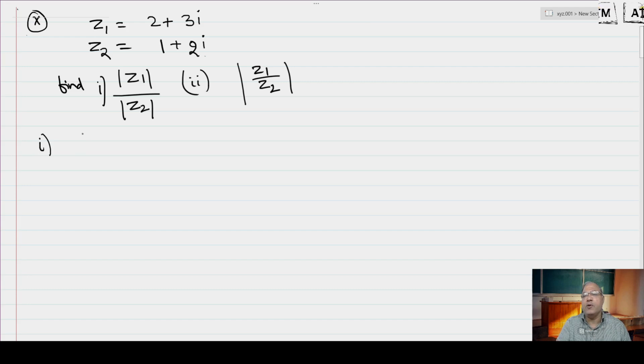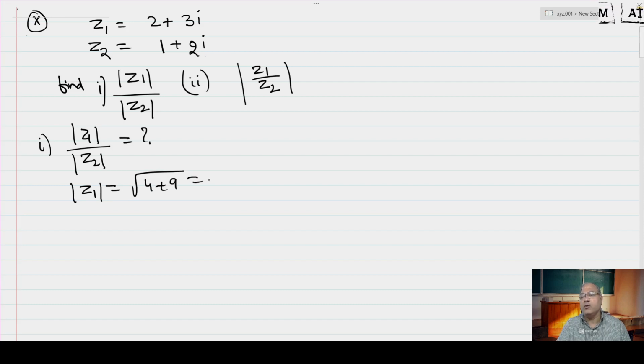First we'll take the first problem, that is to find the modulus of z1 upon the modulus of z2 equals question mark. So we individually find z1 and z2. The modulus of z1 is nothing but the square root of 4 plus 9, which equals root 13, and the modulus of z2 equals the square root of 1 plus 4, which equals root 5.